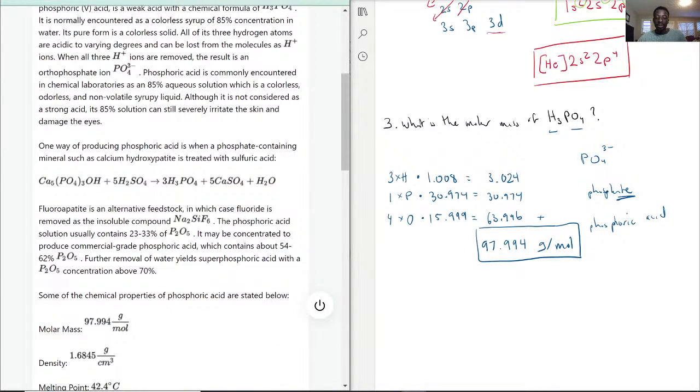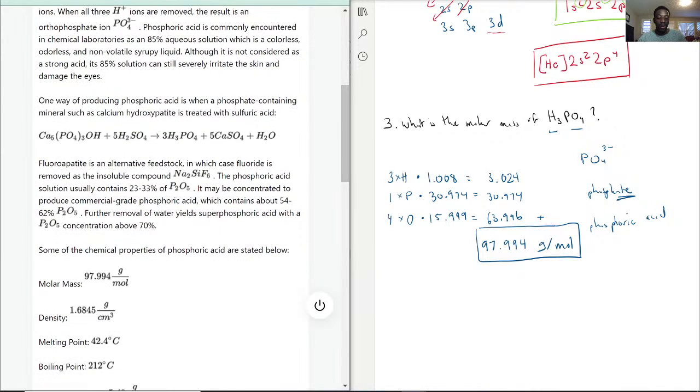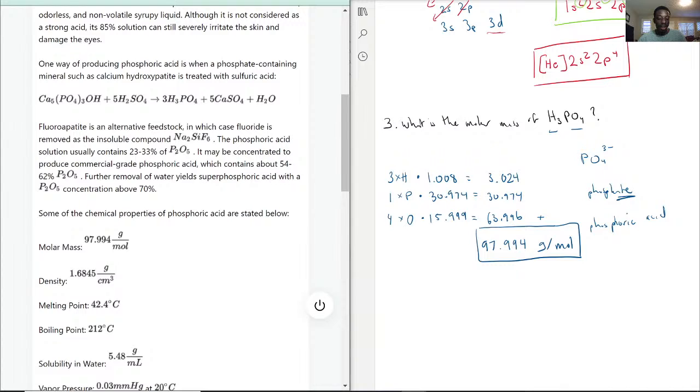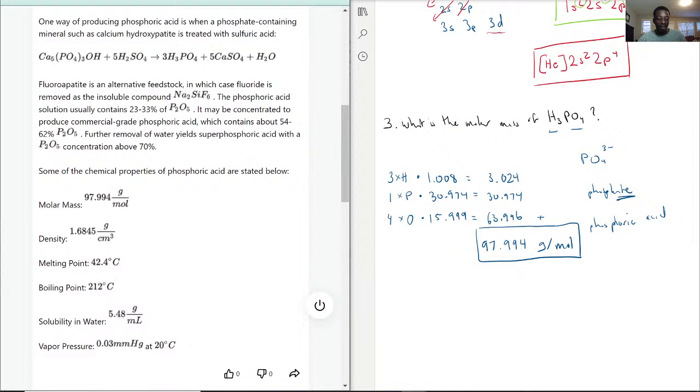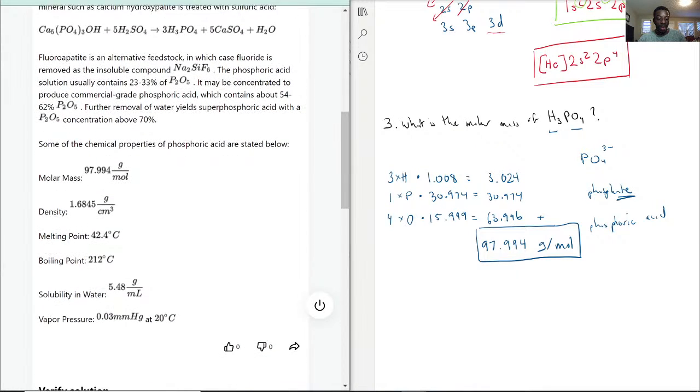They're talking about the different properties of phosphoric acid and what interactions and exactly what solutions and formulas it's involved in. And here they're now talking about the molar mass, and here they have it for us, 97.994.